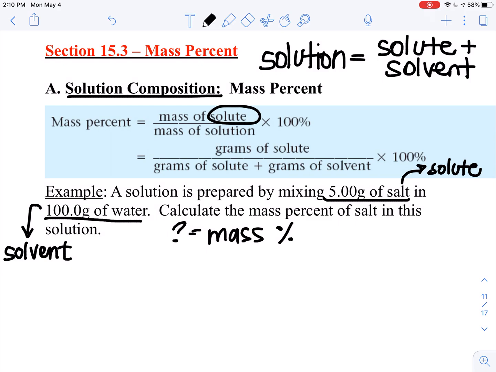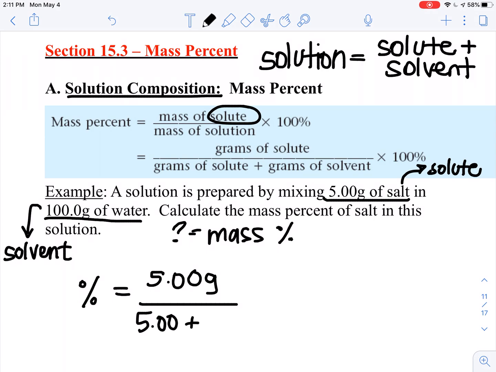So plugging that into our equation, the mass percent is equal to the mass of the solute, 5 grams, over the mass of the whole solution. So in this case, solution is solute plus solvent, and so we get 5 plus 100.